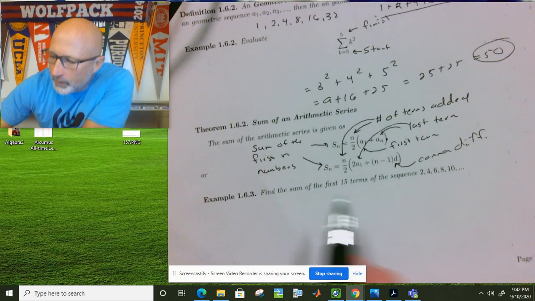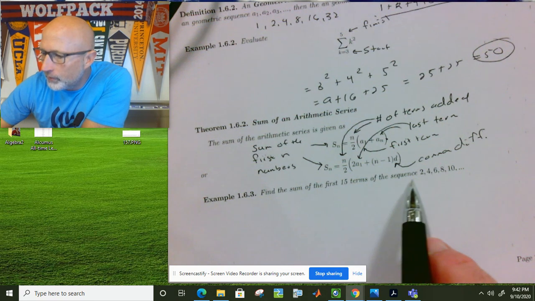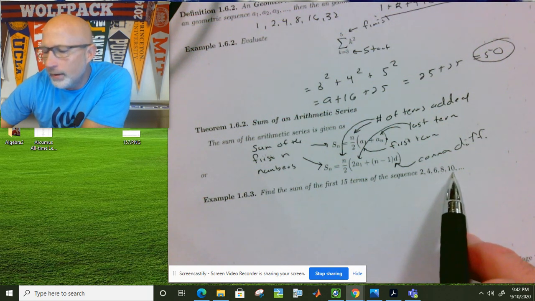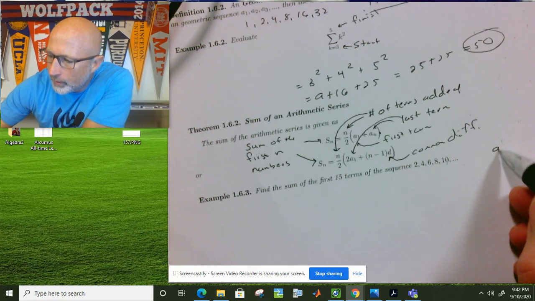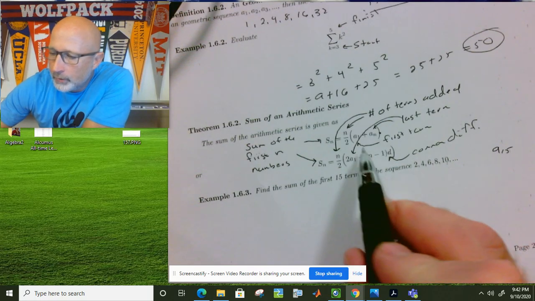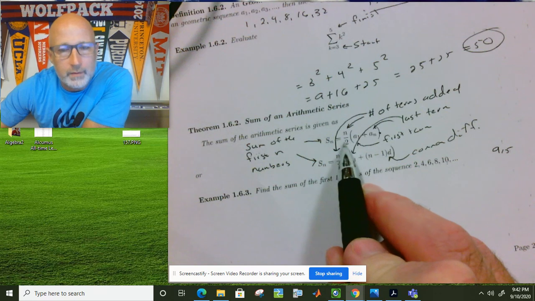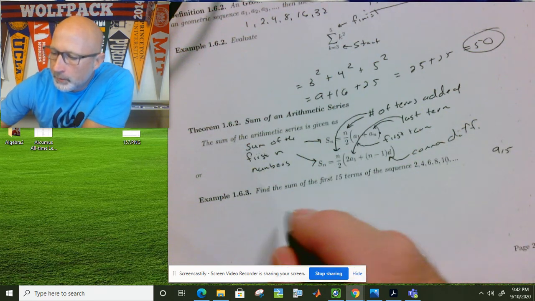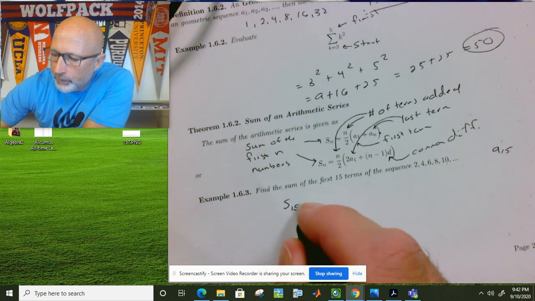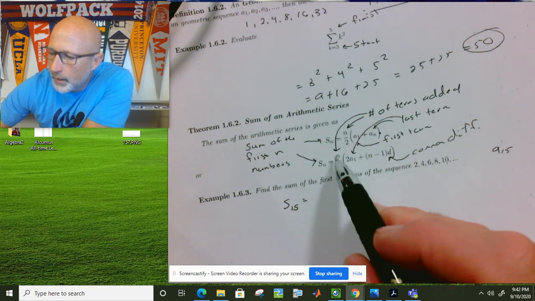Okay, so find the sum of the first 15 terms of the sequence 2, 4, 6, 8, 10, and so on. Now this actually doesn't give you what the 15th term is. So this one isn't necessarily a good equation to use. I'm going to use this equation. So the sum of the first 15 is equal to n over 2.